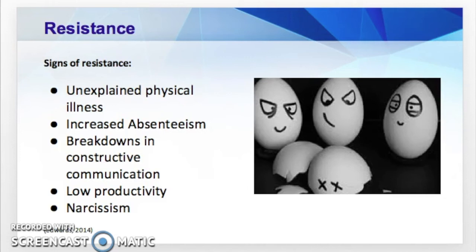Let's mention some signs of resistance: unexplained physical illness, increased absenteeism, breakdowns in constructive communication, low productivity, and narcissism. As a change agent, the manager needs to keep a vigilant watch for these warning signs that employees are having difficulty adapting to the change process.